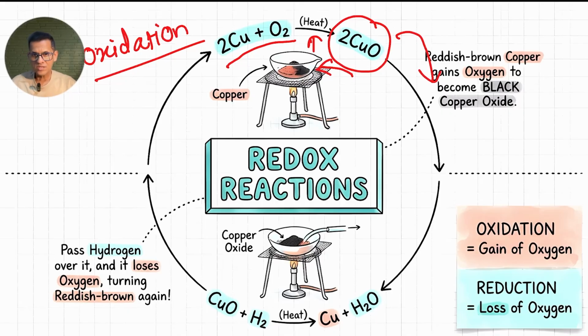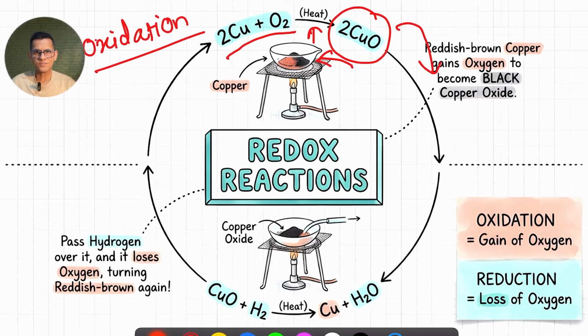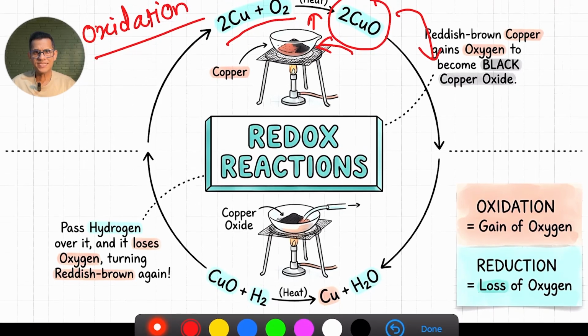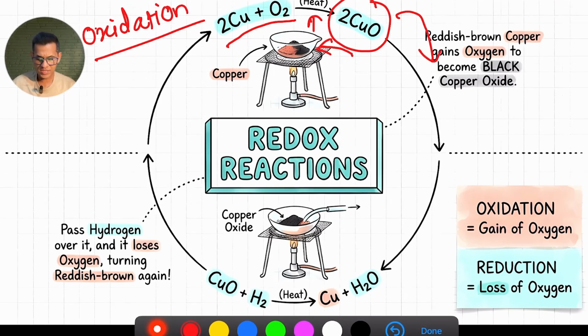Now, suppose I take copper oxide and pass hydrogen gas over it. Copper oxide is black in color, remember. The color will change back to brown; you will see that the black color disappears and you get copper back.